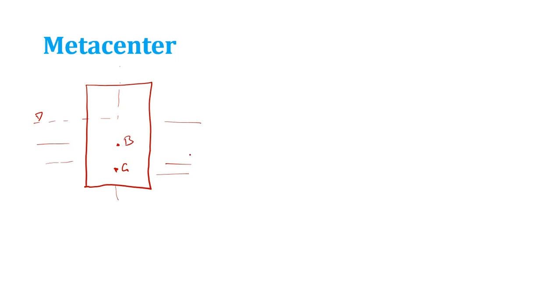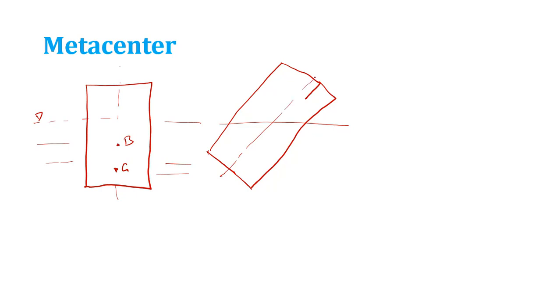So now I will turn the same thing by a certain degree. Same cylinder, I have turned it. This is that line. This will be the G again, center of gravity, and let's suppose this is B, that is the older buoyancy.